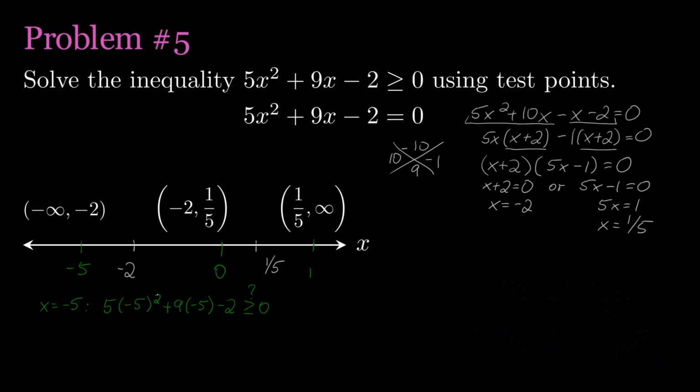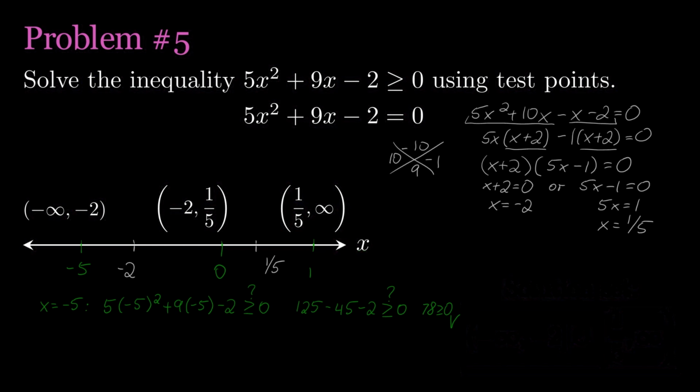Now, -5 squared is 25, and 5 times 25 is 125. -5 times +9 is -45, and then minus 2. The question is still, is it greater than or equal to 0? So let's see what we have. 125 minus 45 is 80, 80 minus 2 is 78, and 78 obviously is greater than or equal to 0.